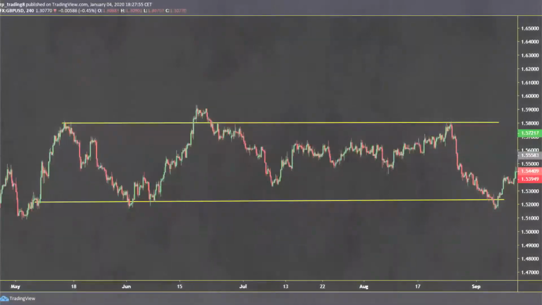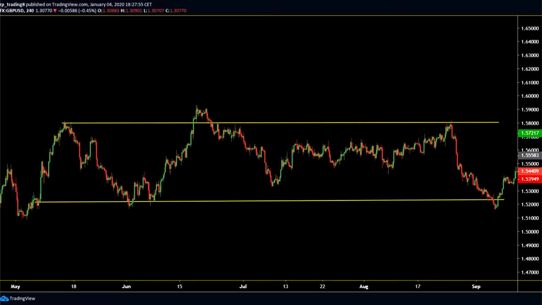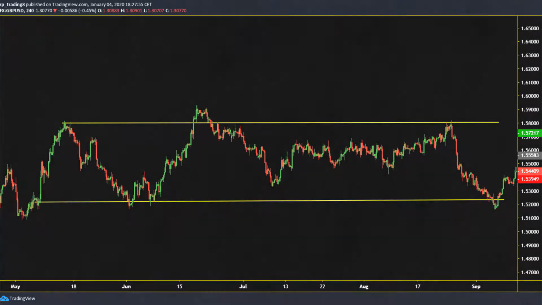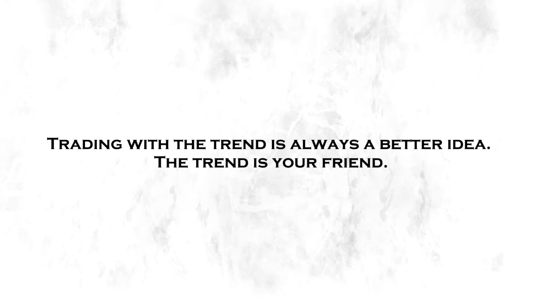So if the market is not clearly going upwards or downwards on the daily or 4-hour chart, then don't take trades. When the market is moving in a range, maybe you are able to catch good entries on the top or on the bottom of that range, but it is going to be super hard to make consistent profits because you don't have a clear direction. Trading with the trend is always a better idea. The trend is your friend.